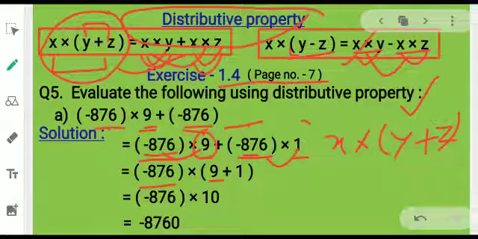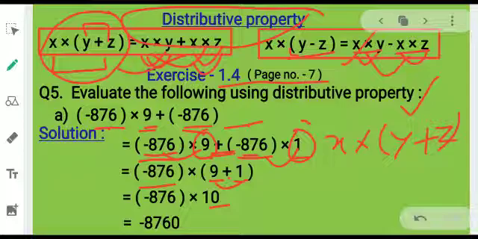Because addition sign is there, we write plus sign here. Now we have 9 plus 1, which is 10. Now we have minus 876 multiplied by 10. So without any calculation, we can write minus 8760, which is our final answer. Move to the next question.